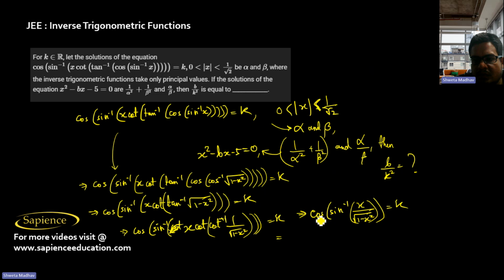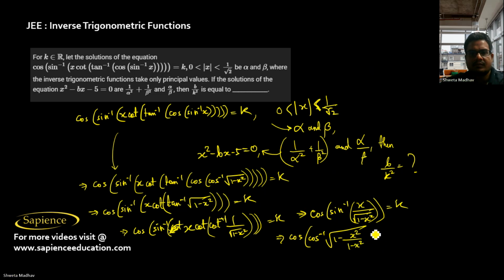So now this again I can write as cos of cos inverse of root over 1 minus x square by 1 minus x square, so that is equal to k.